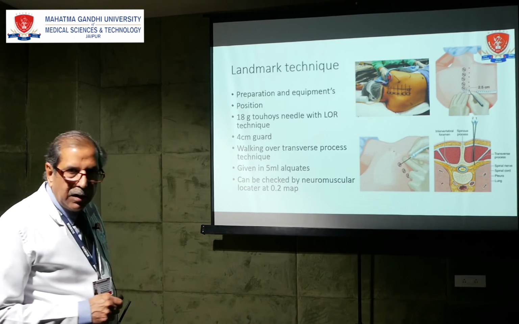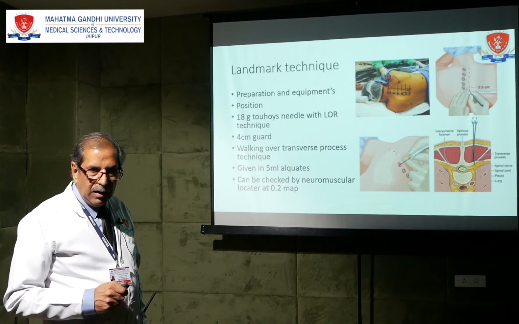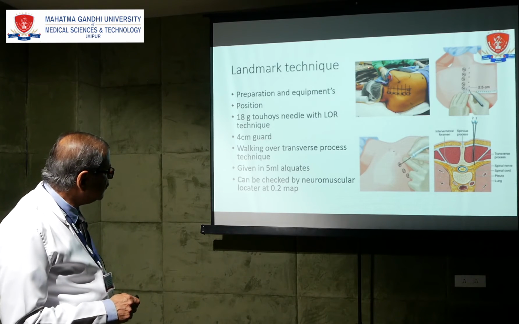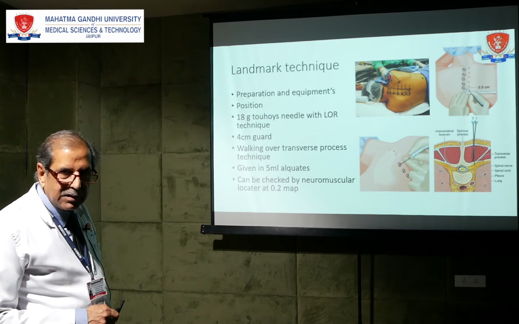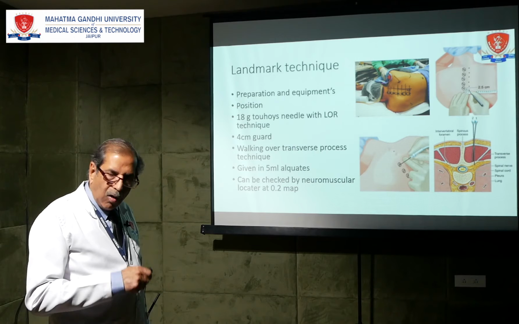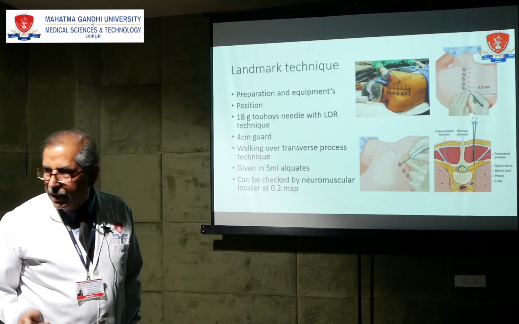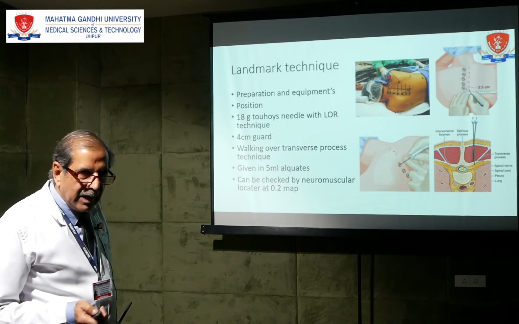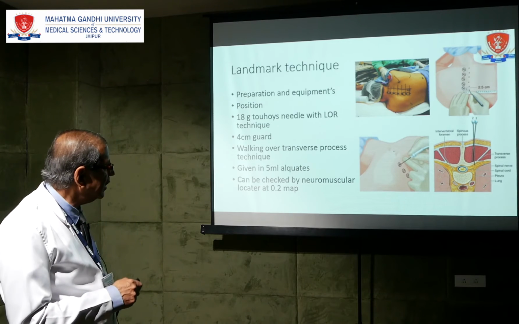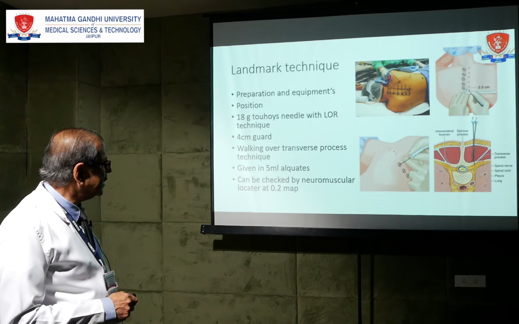One of the commonly used postures for giving the block is the sitting position. This one is a patient in lying position. This position is usually used for patients who are already anesthetized. But when we give a block before anesthesia or in areas where anesthesia is not being given, it is mostly the sitting position.